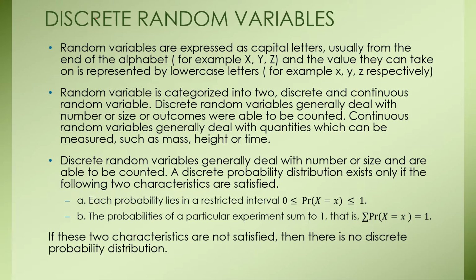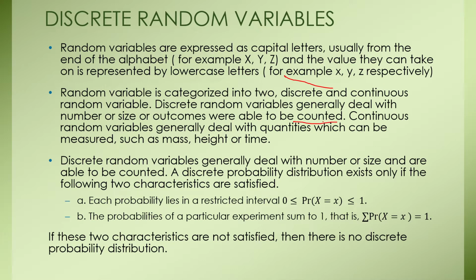Random variables are categorized into two: discrete and continuous random variables. Discrete random variables generally deal with the number or size or outcomes that are able to be counted. So take note, it is counted.